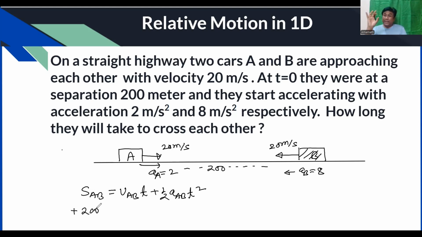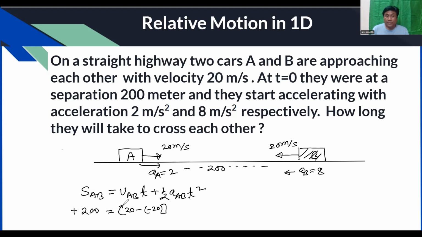Remember, for B, A is going towards right and I have taken right as positive. I think I have not made any mistake. It is equal to UA minus UB. UA is 20 minus, but this will be again minus 20.